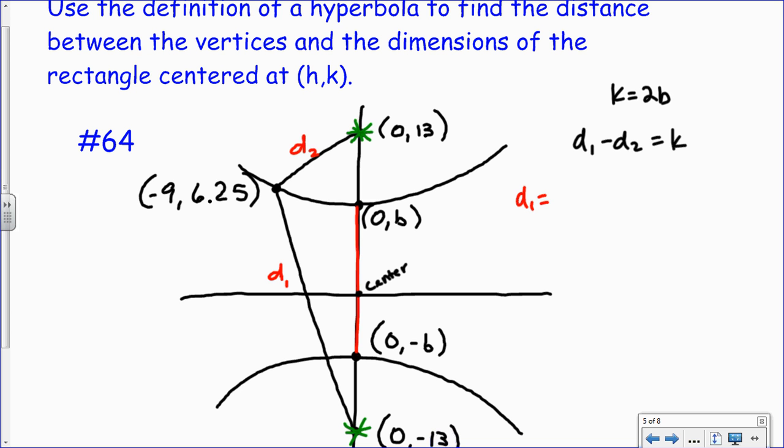So distance 1, I'm going to do the square root of (-9 minus 0) squared plus (6.25 minus -13), so plus 13, squared. I calculate what's underneath without doing the square root yet, just so I don't make any mistakes.